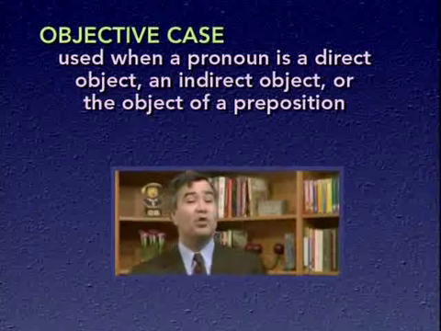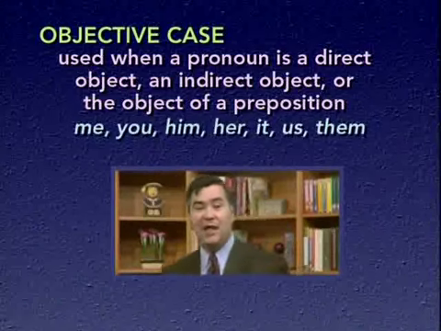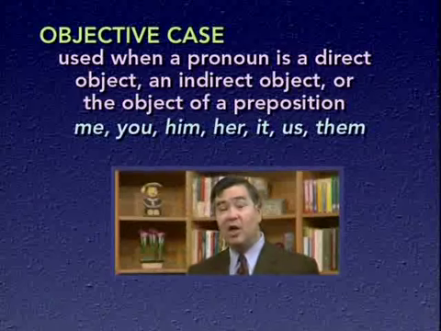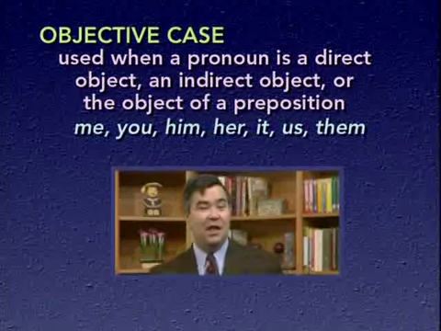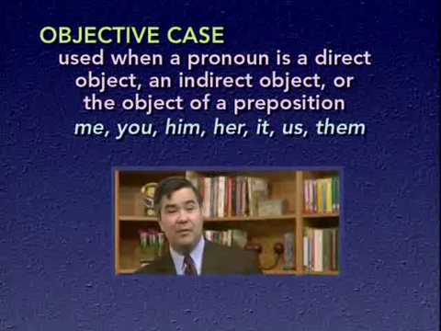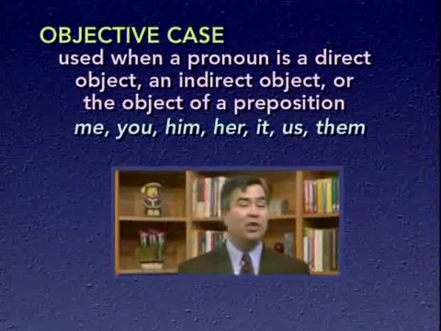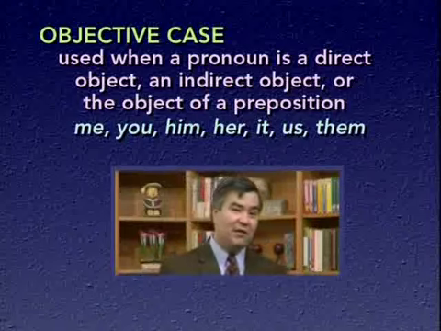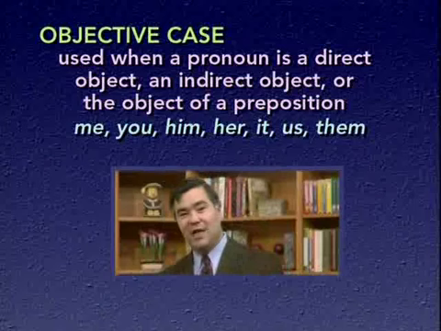Now, here are the personal pronouns which are in the objective case: me, you, him, her, it, us, and them. You'll notice that the pronouns you and it appear on the list of the subjective case pronouns and the objective case pronouns.